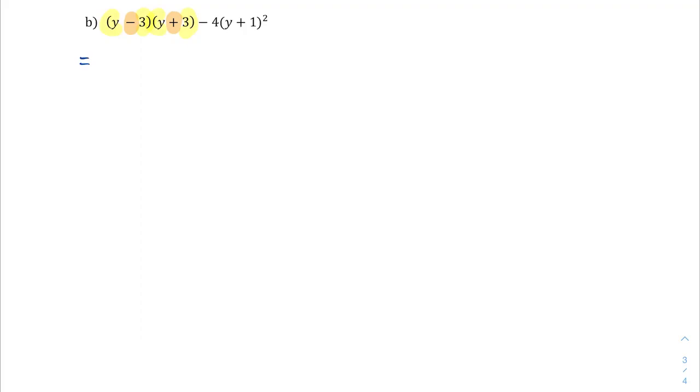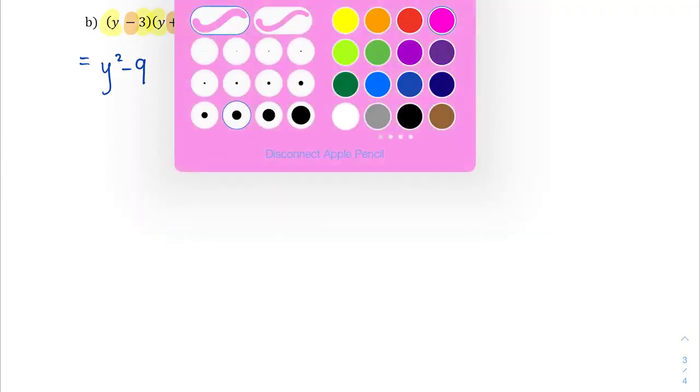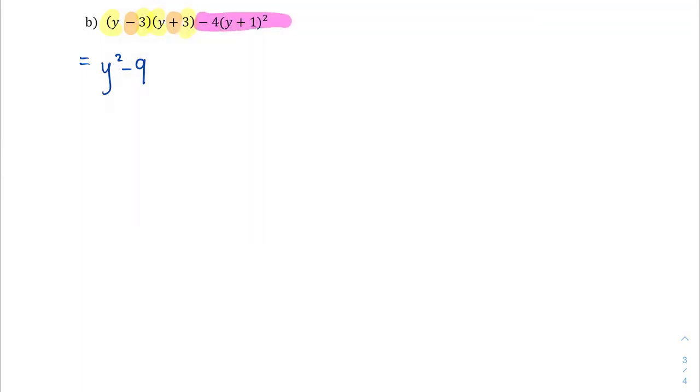So we're going to apply a formula for difference of squares. So it's y squared minus the second term squared, which is going to be y squared minus 9. Now we didn't do anything with the remaining terms, which is the negative 4 bracket y plus 1 squared. So we're just going to rewrite it.